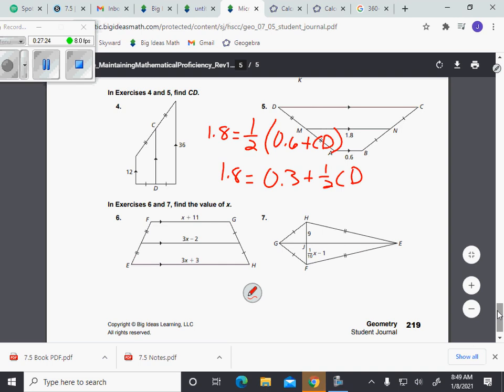Subtract 1.8 minus 0.3. We'll get 1.5 equals 1/2 CD. How do we divide by a fraction? We multiply by the reciprocal, so we're going to be multiplying by 2. That'll cancel out our fractions. Multiply by 2, we should get 3. Just manipulating equations. That's all we're doing here.